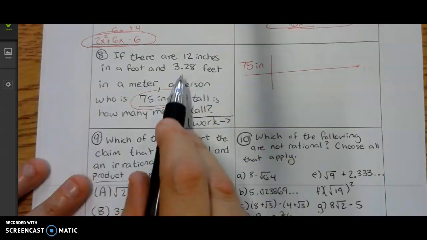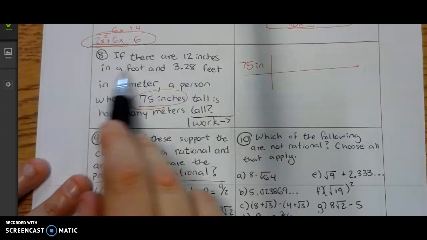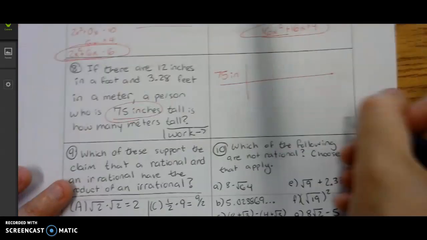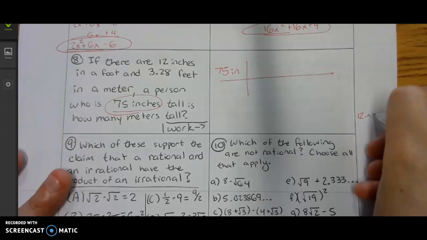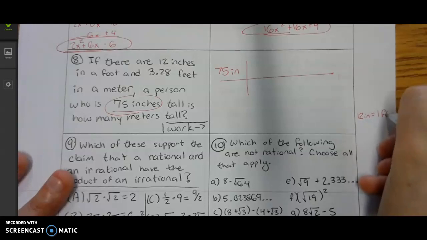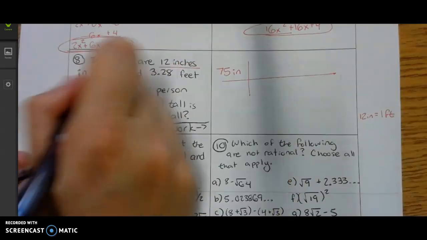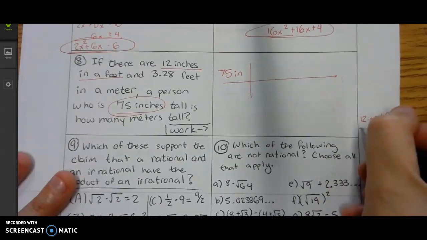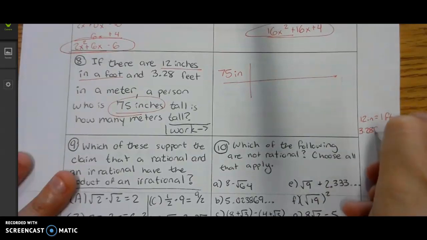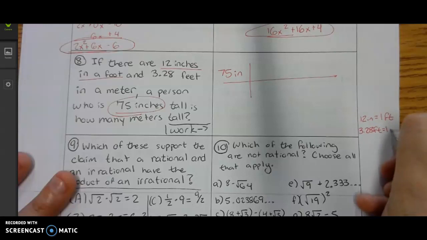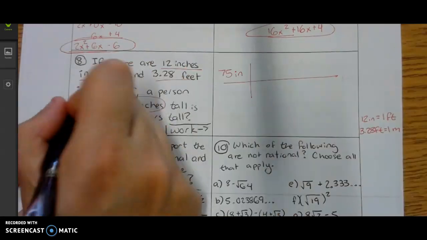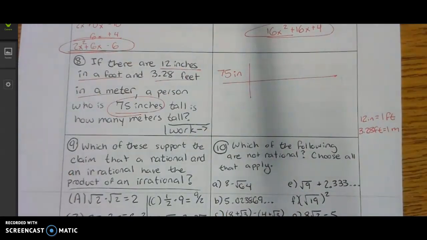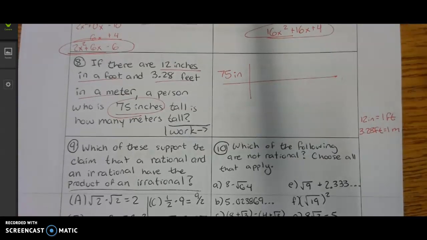Now I'm going to look back at what they told me. It says there's 12 inches in a foot, so I know I'm using 12 inches equals 1 foot. And they said 3.28 feet are equal to 1 meter. So once again, I've read this word problem 2 times, and I have now brought all the information out, and I don't have to worry about it anymore.